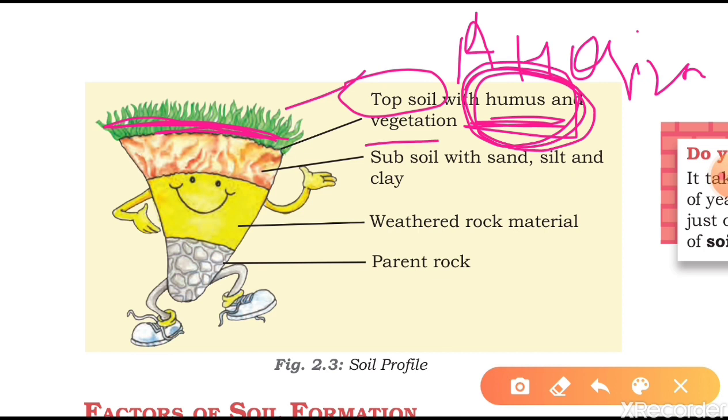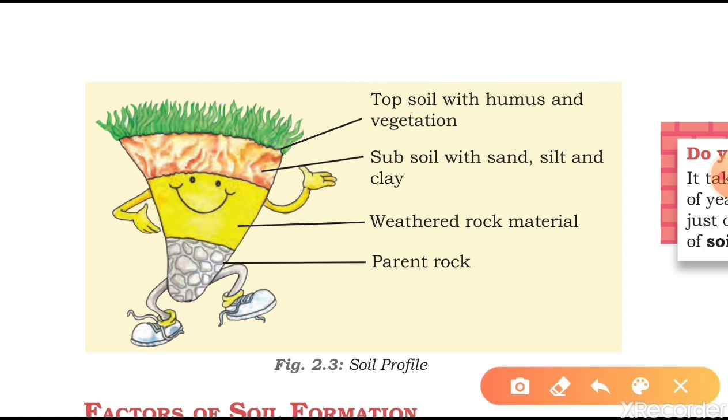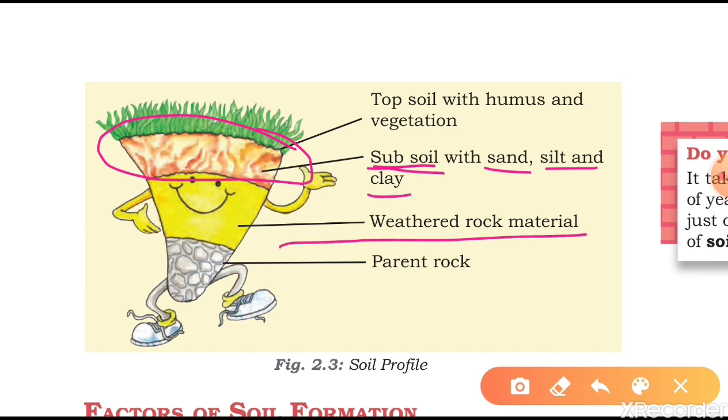And because of this reason, topsoil has vegetation covered in it. Next is subsoil. This subsoil has sand, silt and clay, and it has some form of microorganisms as well. Organisms also, like the earthworm and rabbits which make burrows in the land, rodents, etc. Then the next is weathered rock material.